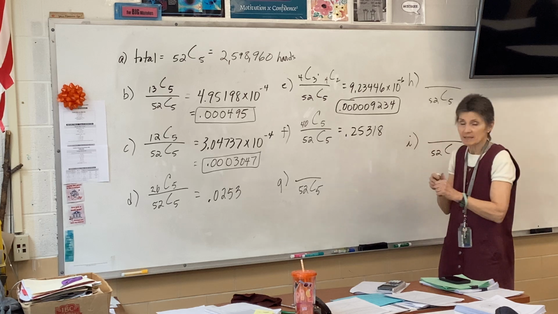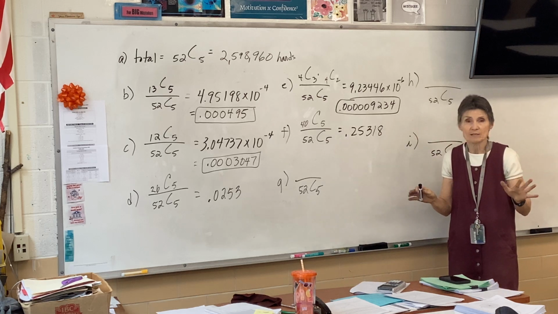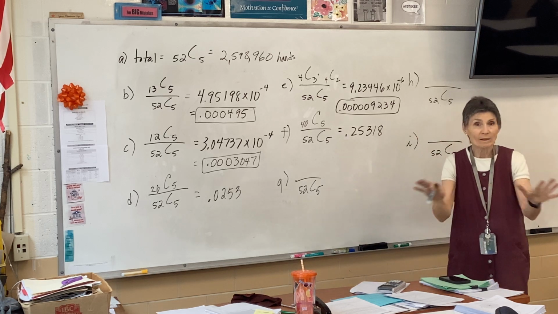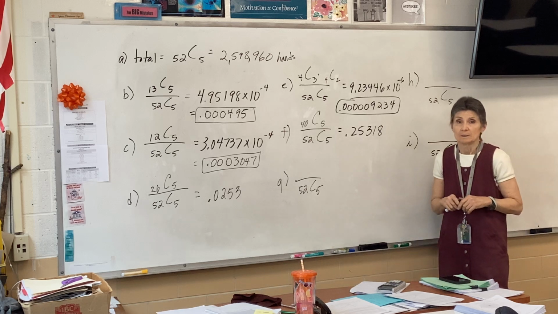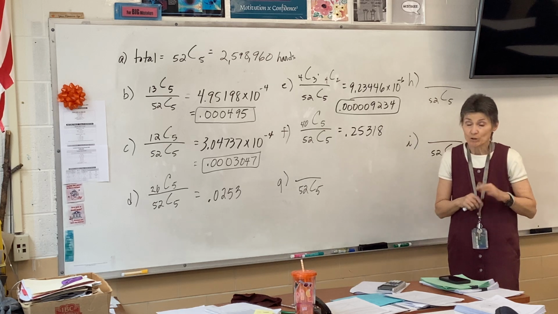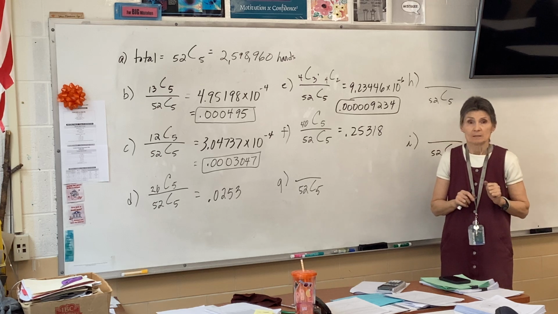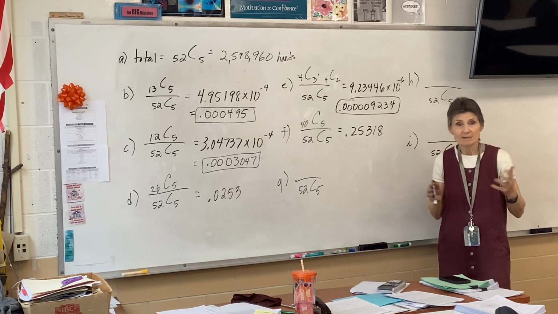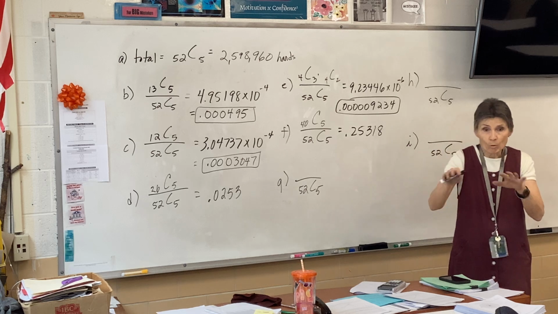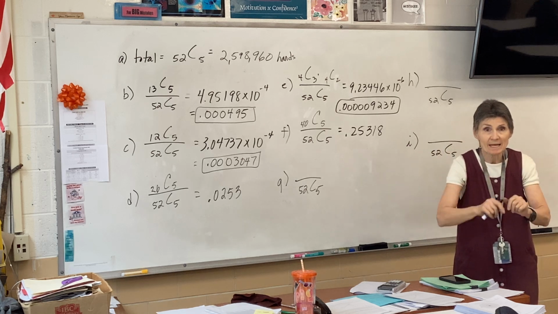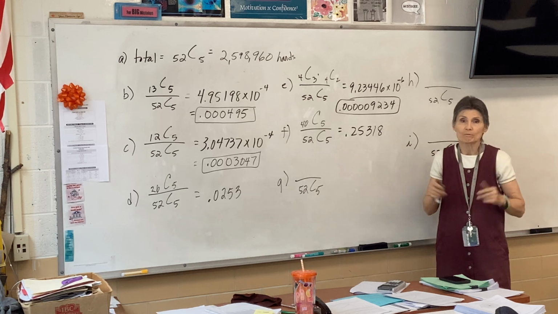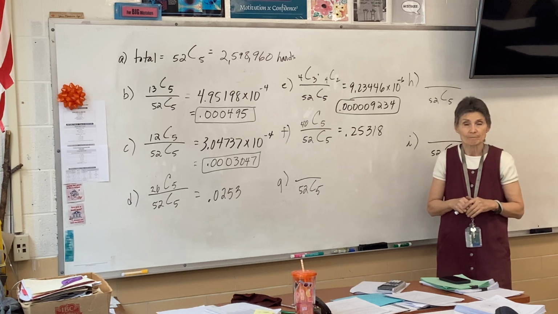That means that there's about a 25% chance, 1 in 4, that you're going to get a hand with no face cards. So basically, if I had 4 of you in here and I gave each of you a hand, 1 of you would have no face cards. The rest of you would.